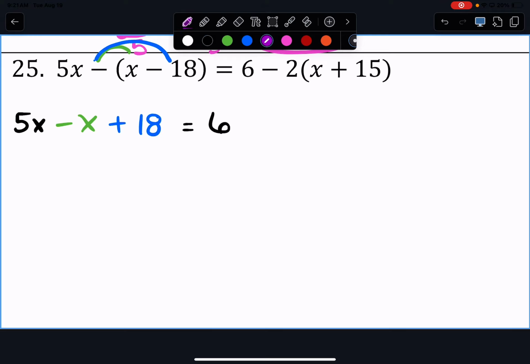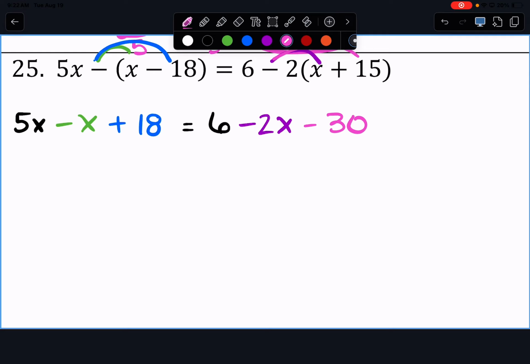But now I have to distribute. So, negative 2 times x is? Negative 2 times 15 is? Negative 30. All right. So now we have to combine like terms. So we look at the left-hand side and then the right-hand side.